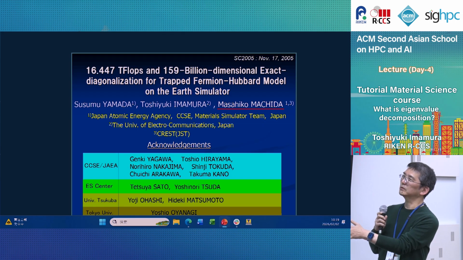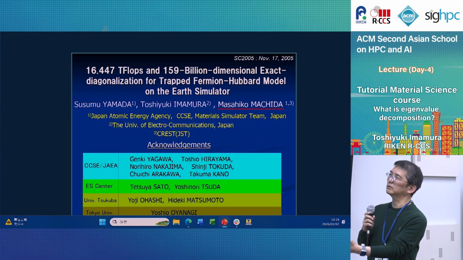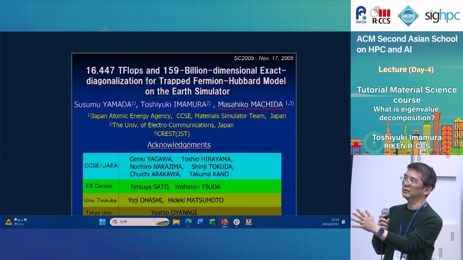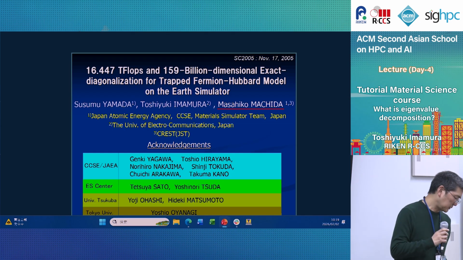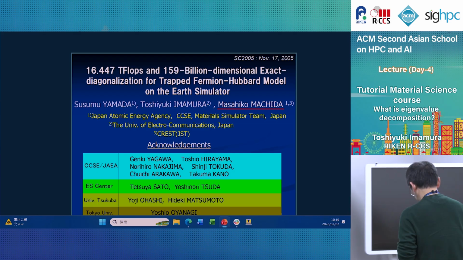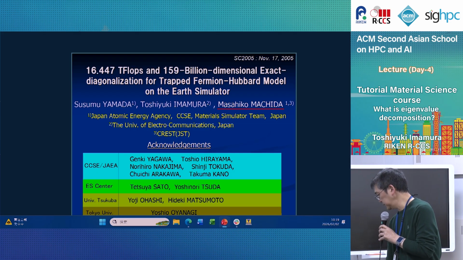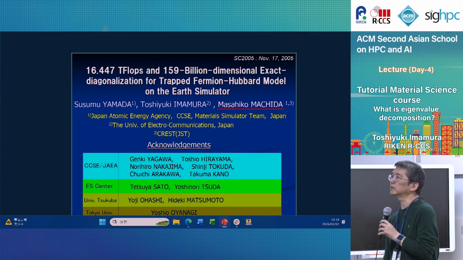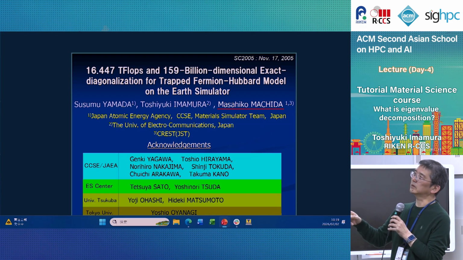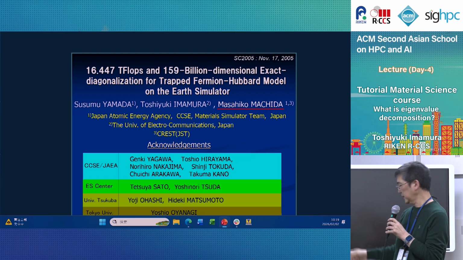Fortunately, it was nominated as a Gordon Bell finalist. Unfortunately, we couldn't win the award, but it was a very honorable mention for the HPC community, solving a very huge problem on the Earth Simulator. The Earth Simulator was a vector supercomputer system, the number one fastest between 2002 and 2004.